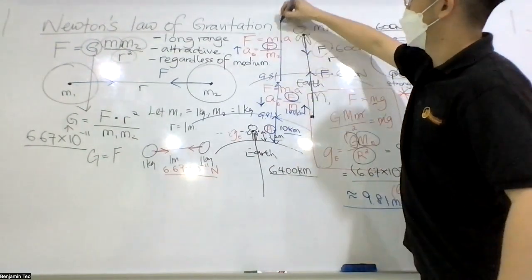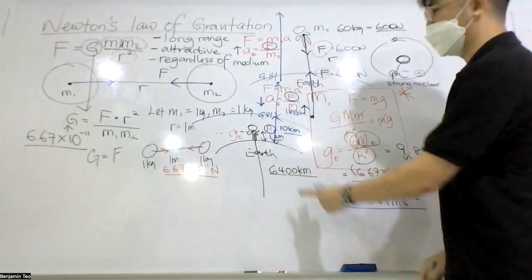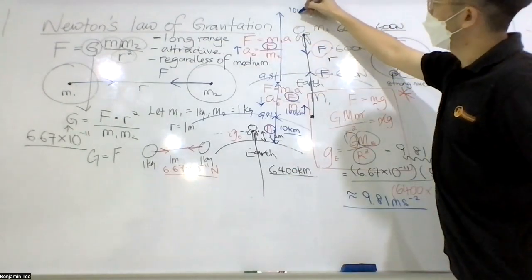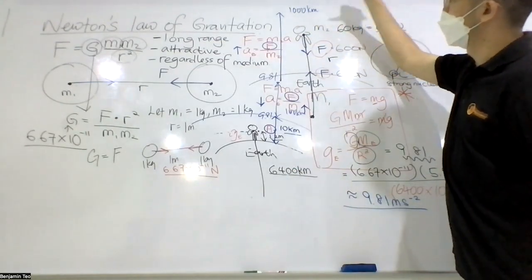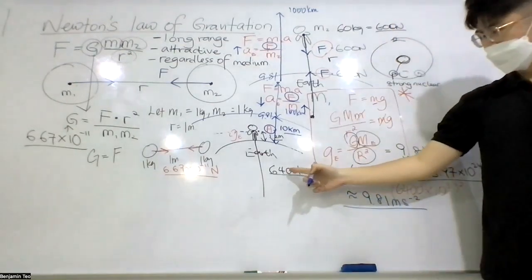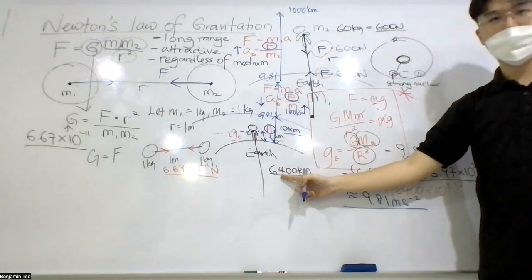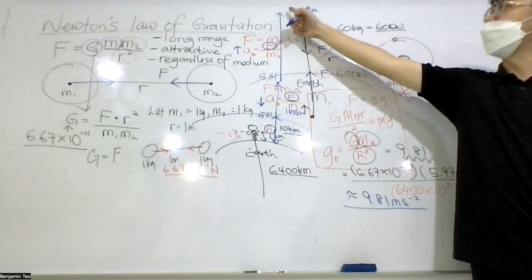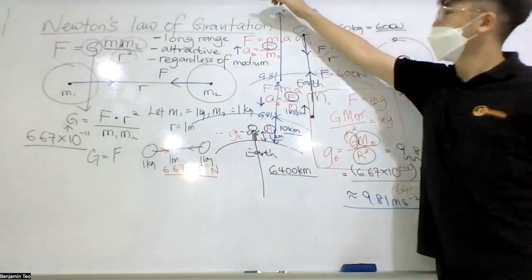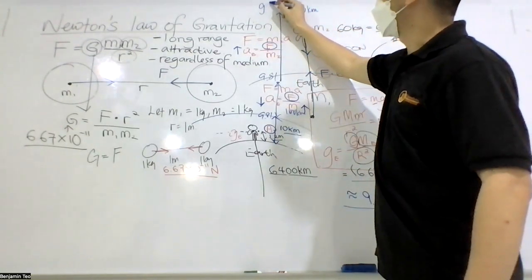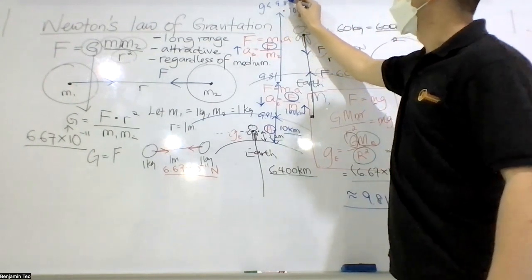Stretch this one so far until 1,000 kilometers. Now we are talking about 1/6 of the radius. And here you will start to see the G will start to drop below 9.81.